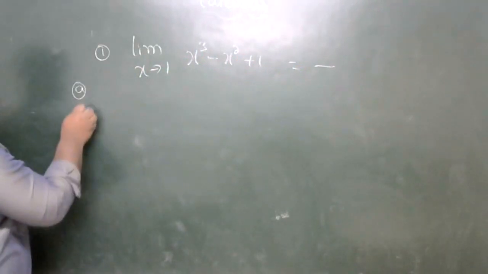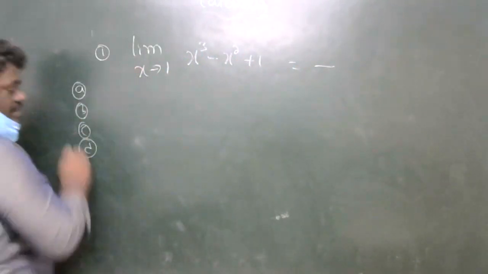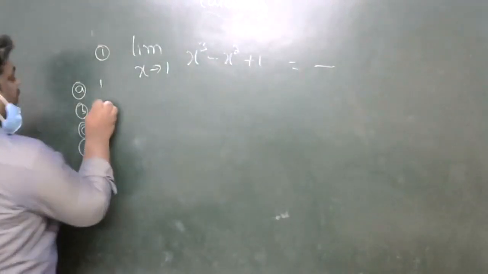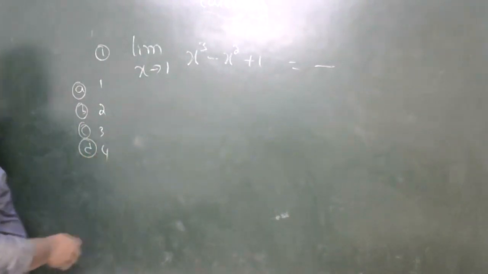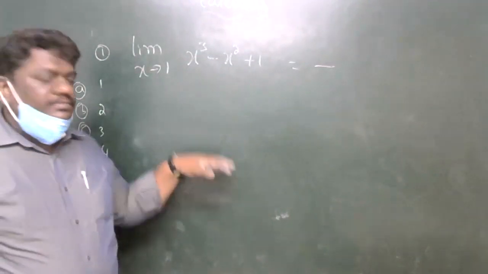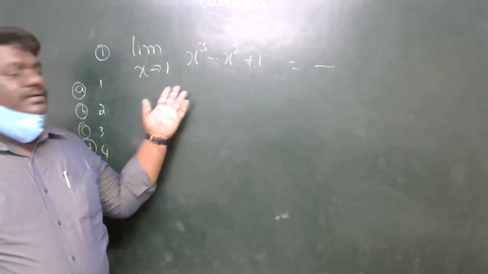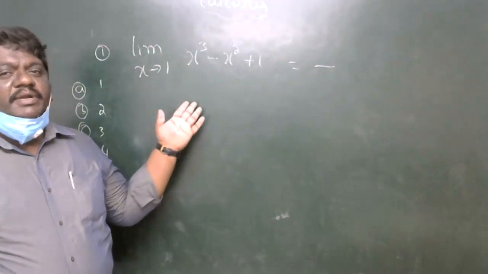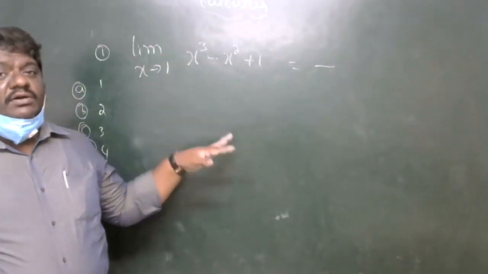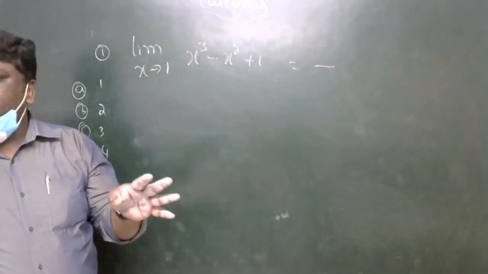Option A, 1, 2, 3, 4. See here. By applying the limit directly: if you get 0 in the denominator, only then do you have to alternate the function.